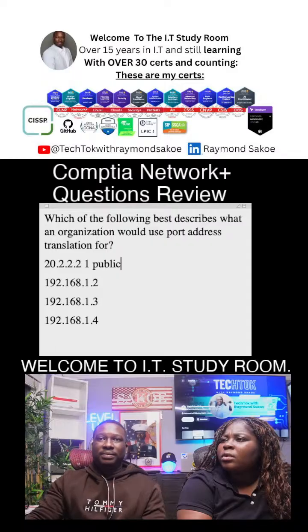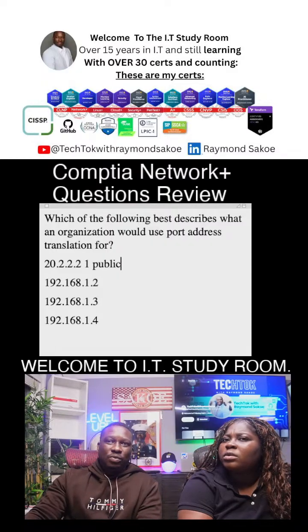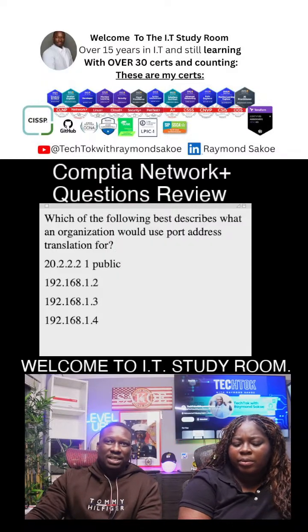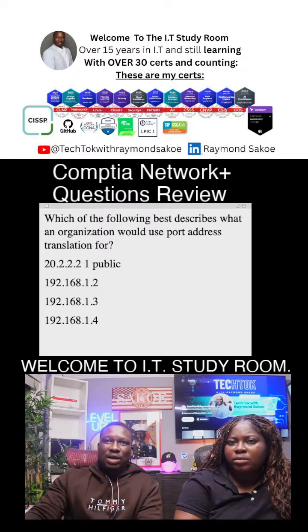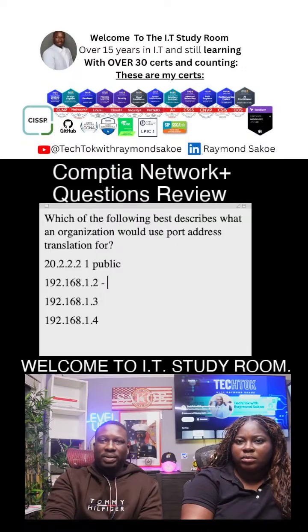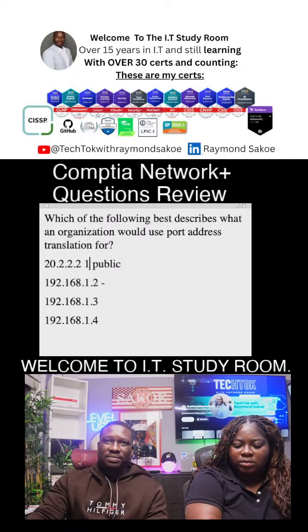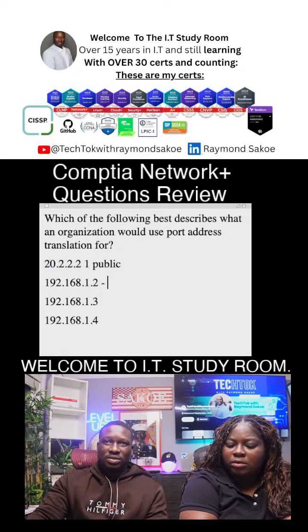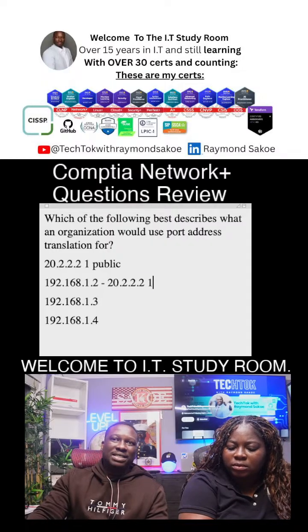So now, let's start with NAT, Network Address Translation. What it does is it maps a private IP to a public one, which will be this. So technically, only one device will be able to access the internet, which is not ideal.